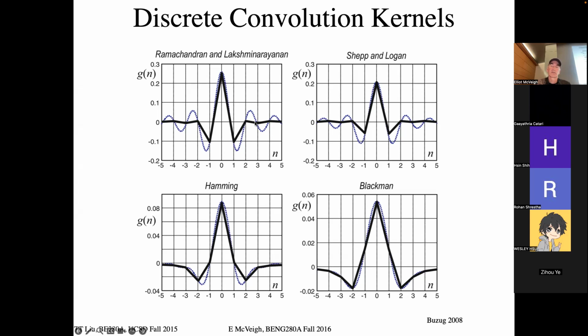This is what the coefficients will look like. Shepp-Logan, the black line, is what the coefficients would look like. Hamming and Blackman we didn't look at, but the Hamming we did look at. So you can see it gets a little broader as you soften up the high frequencies.